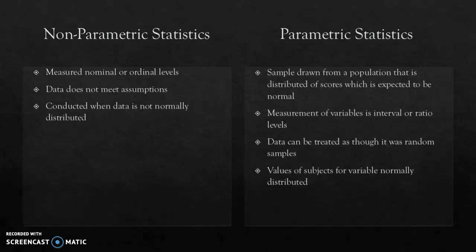On the other hand, parametric statistics are measurements of variables in interval or ratio levels. Data can be treated as though it was a random sample, and the sample draws from a population that is distributed of scores which is expected to be normal. And lastly, the values of the subject for variables normally are distributed.